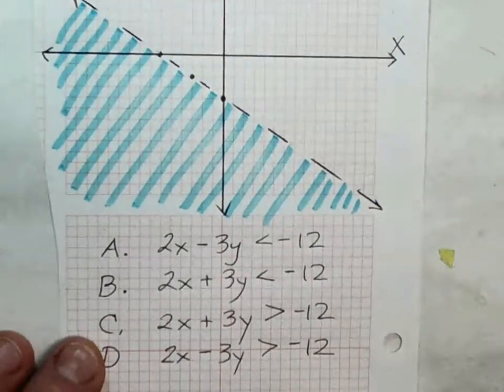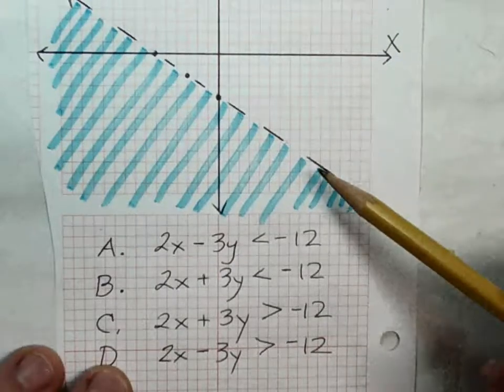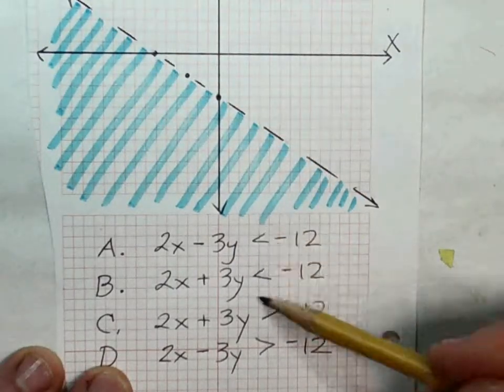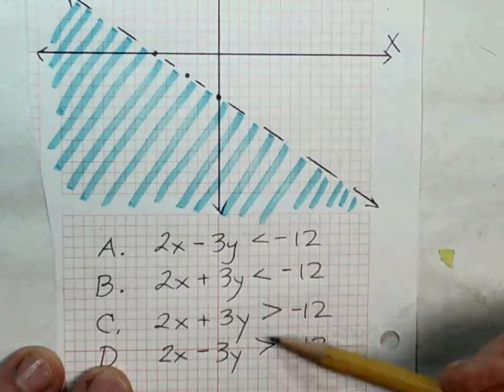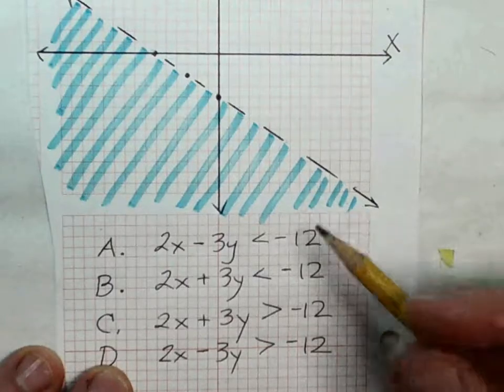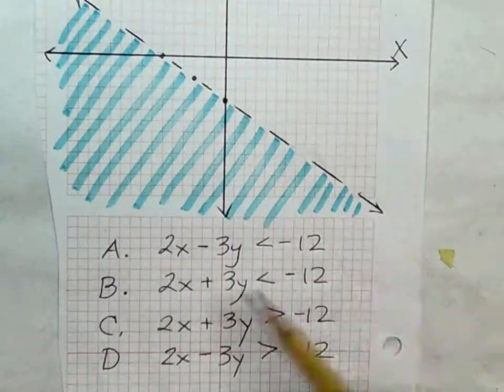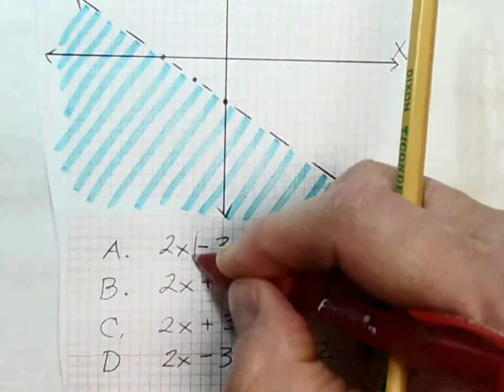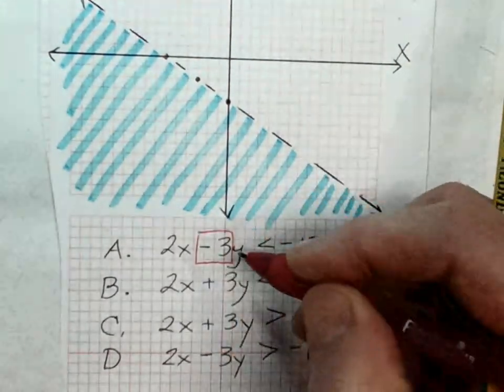If you notice right here, we have a dashed line, and the first two are less than, and these are greater than. But you got to remember with inequalities, you're looking at your B value. Whenever you solve, if the number in front of y is negative, you're going to switch the sign.